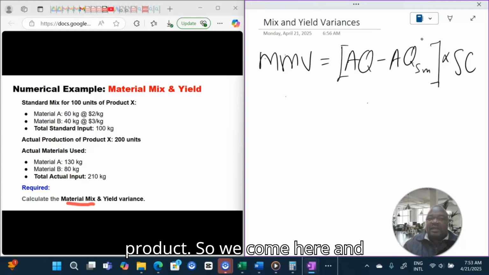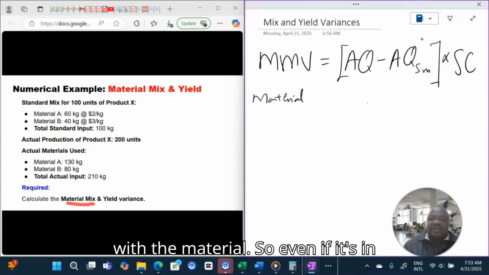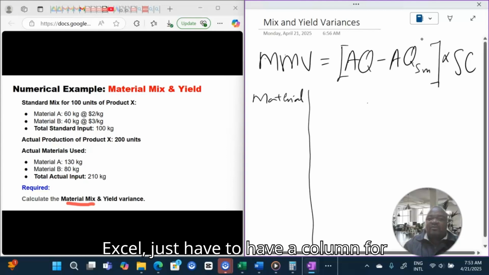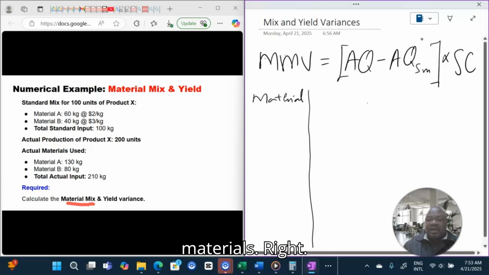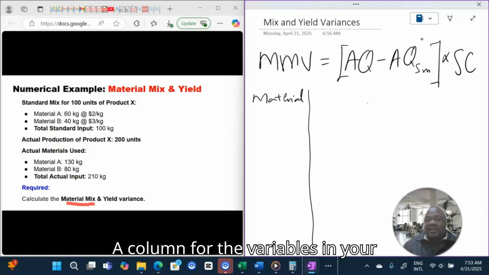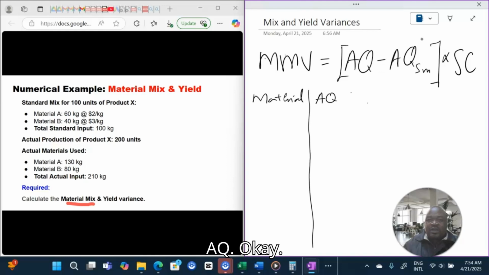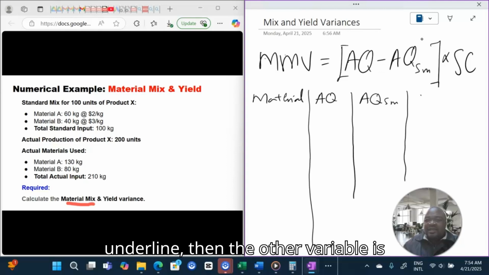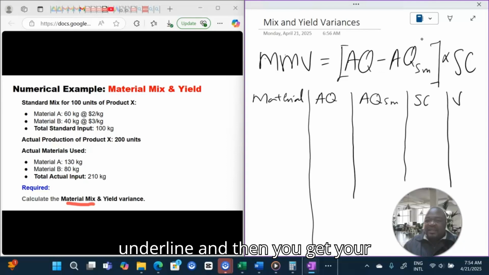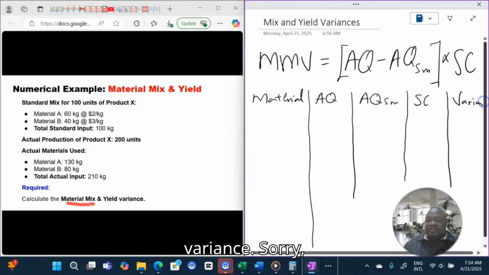So we come here and have our table. We start with the material. Even if it's in Excel, you have to have a column for materials, and a column for the variables in your formula. The first variable is the AQ, you underline, then actual quantity at standard mix, you underline, then the other variable is the standard cost per unit, you underline, and then you get your variance.